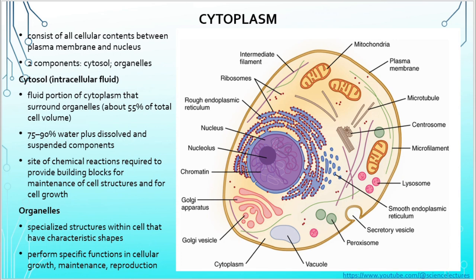Other types of cytosolic reactions provide the building blocks for maintenance, cell structures, and for cell growth. The organelles are specialized structures within the cell that have characteristic shapes. They perform specific functions in cellular growth, maintenance, and reproduction.